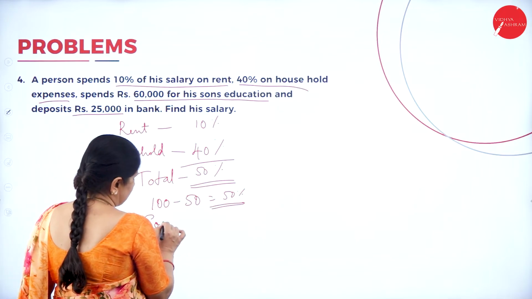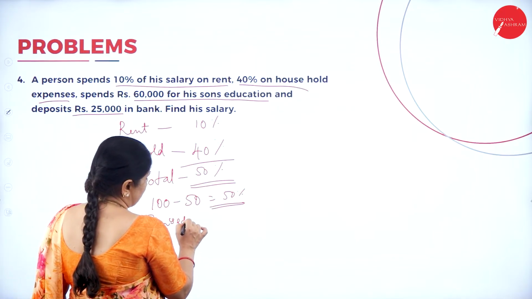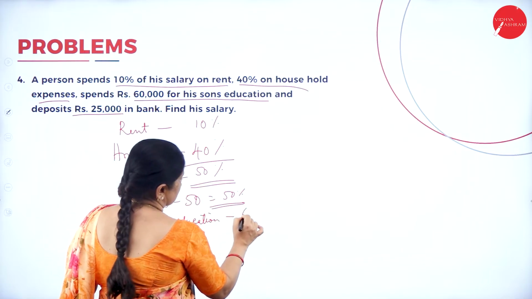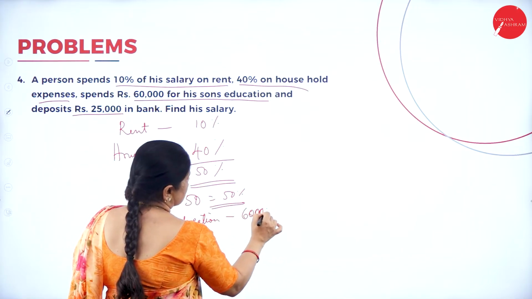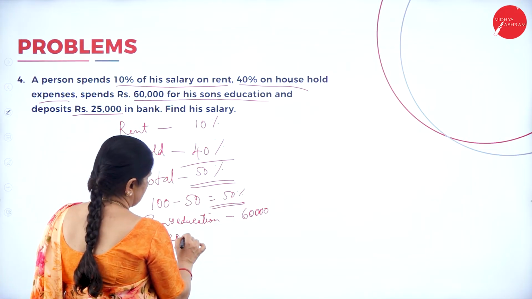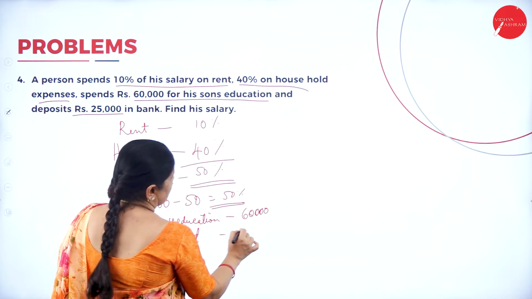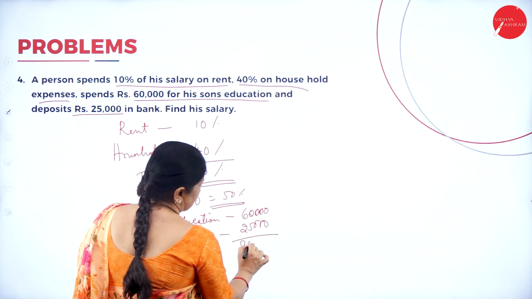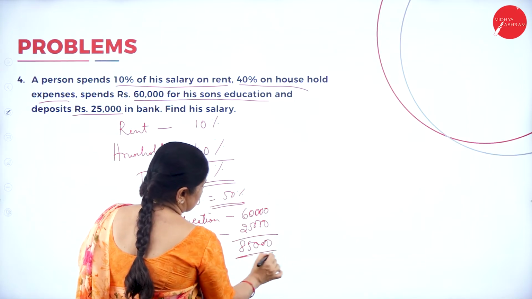Now, they have told he spends rupees 60,000 for son's education. Now, we write son's education is 60,000. Then deposit 25,000. So total is 85,000.